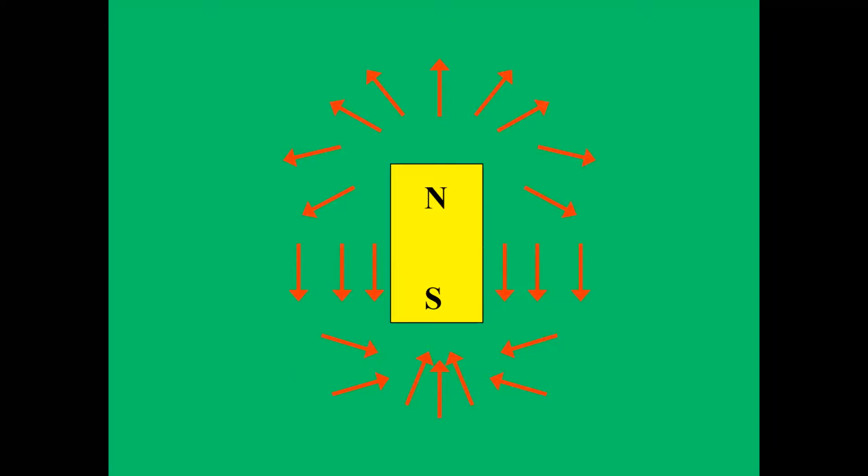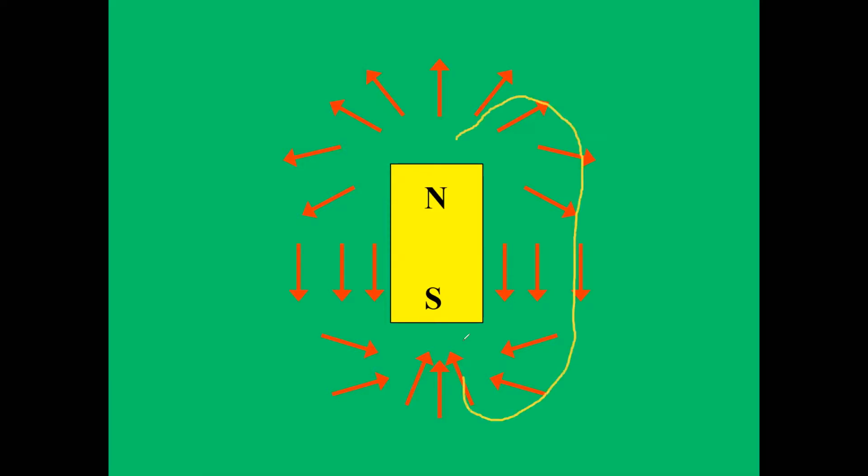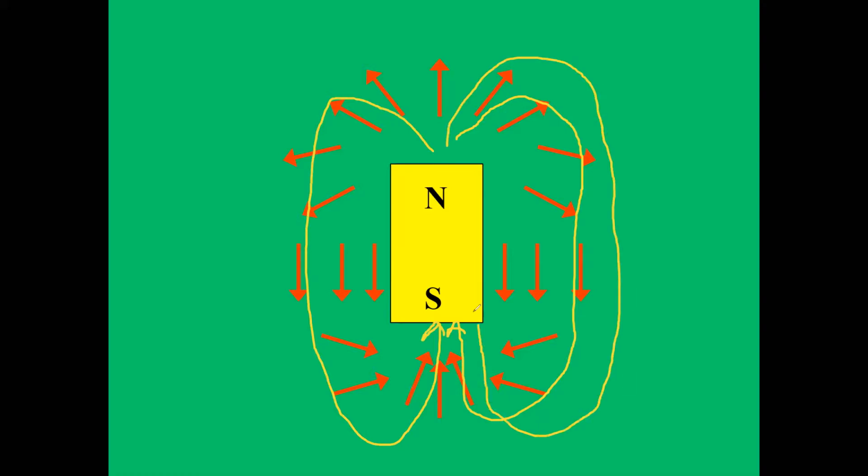If you place a compass in all of these positions, it would be pointing in these directions. If you match all of these arrows, you can make the magnetic field lines around a magnet.